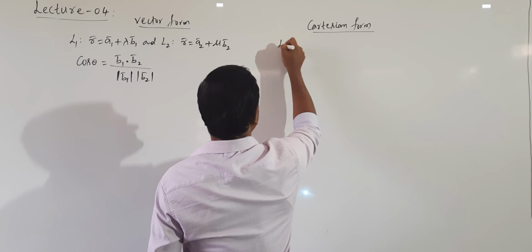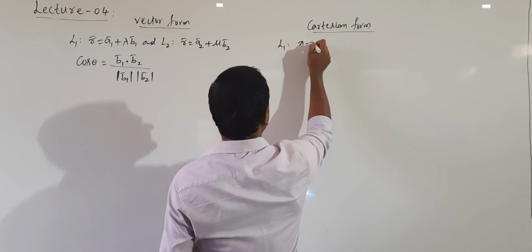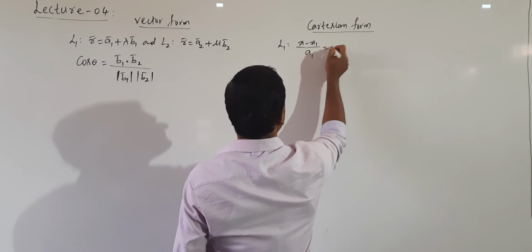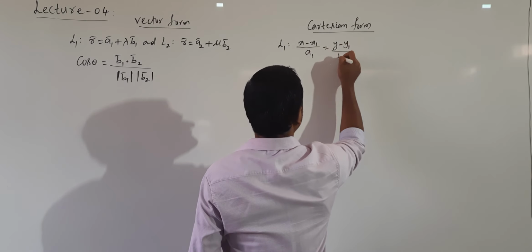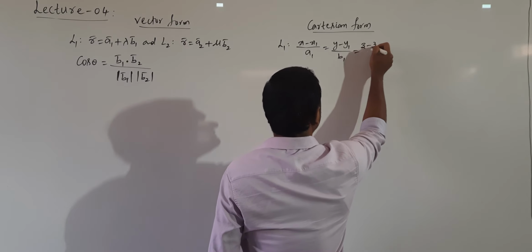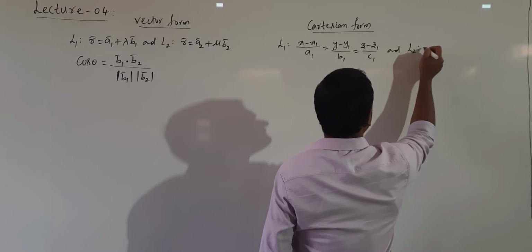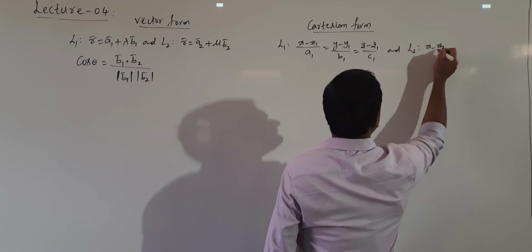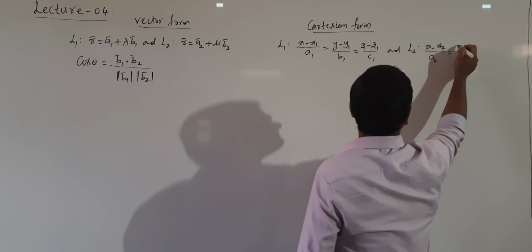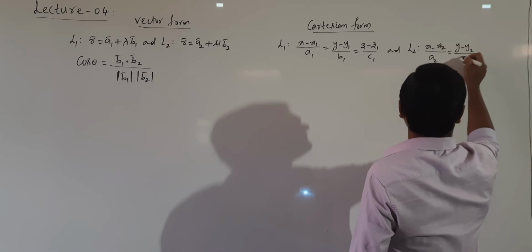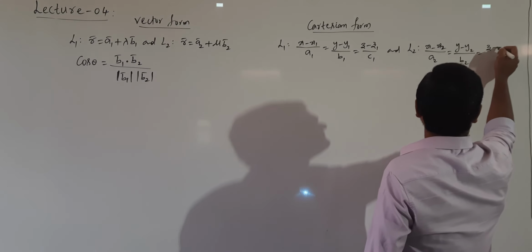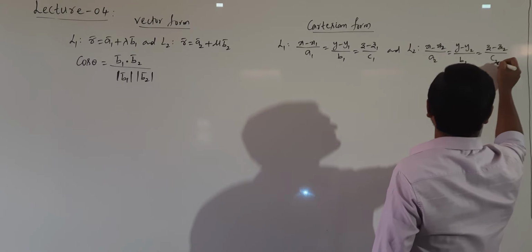Now, whereas in Cartesian form, what is the equation of line I can write? X minus x1 by a1 is equal to y minus y1 by b1 is equal to z minus z1 by c1, and second line x minus x2 by a2 is equal to y minus y2 by b2 is equal to z minus z2 by c2.